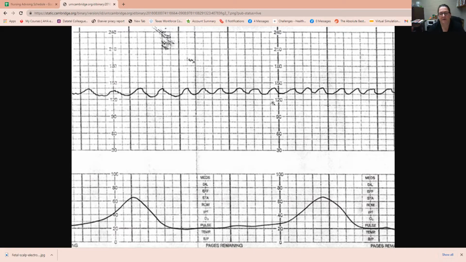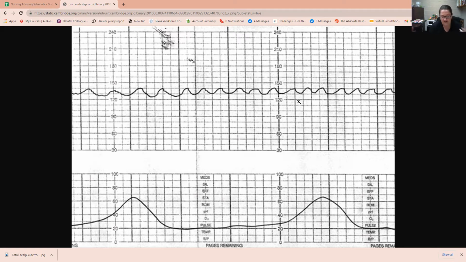Okay. This looks it's a very even pattern. It's just a regular smooth wave. This is also not considered a very reassuring sign. And it's not variability. Don't mistake this for variability.